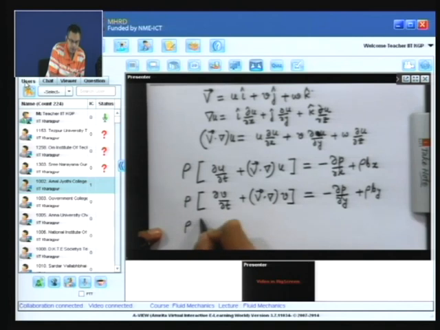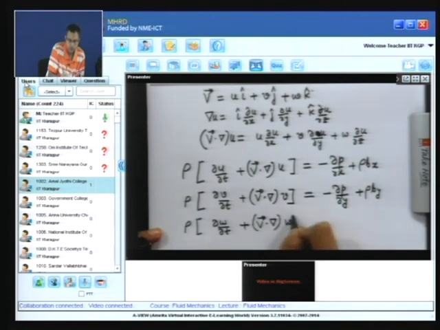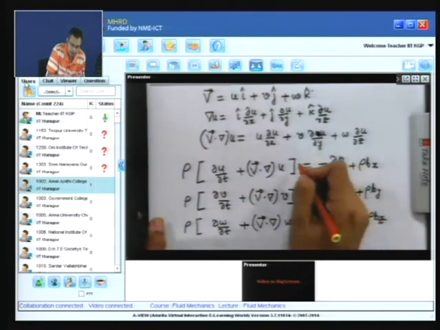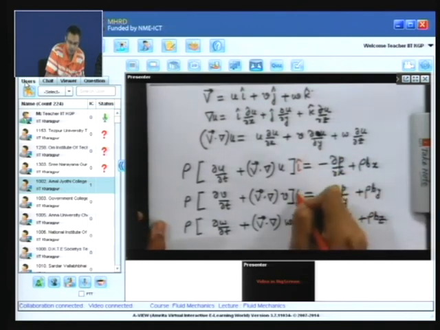Third component: rho, del w del t plus v dot del w is equal to minus del p del z plus rho bz. Now what we do is we will have i of this plus j of this plus k of this.